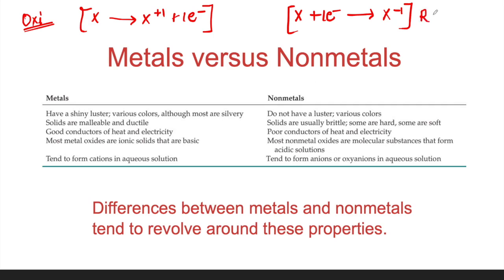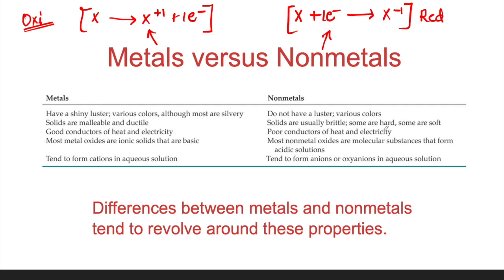So non-metals usually undergo reduction and metals usually tend to undergo oxidation. Metallic character has to do with the ability of an element to lose electrons, and non-metallic character is the ability of an element to gain electrons. Non-metals are most commonly known by their non-lustrous and brittle nature.